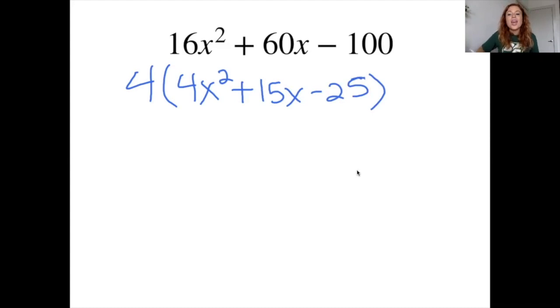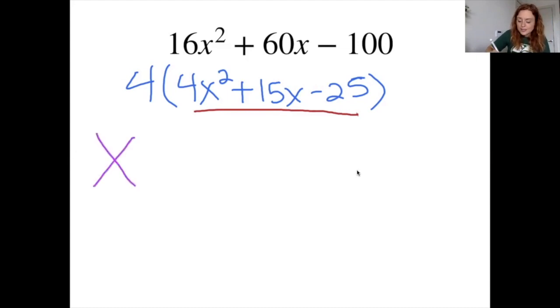Okay? So now that we have that inside part, that's a little nicer to do our x method with. Okay? So we're gonna now kind of ignore that 4 for a second. We're just gonna ignore this guy, but he doesn't go away. So don't just get rid of him, but just hold off for a second. So let's just look at this part right here and do our x method. Okay, so I'm going to draw my x.